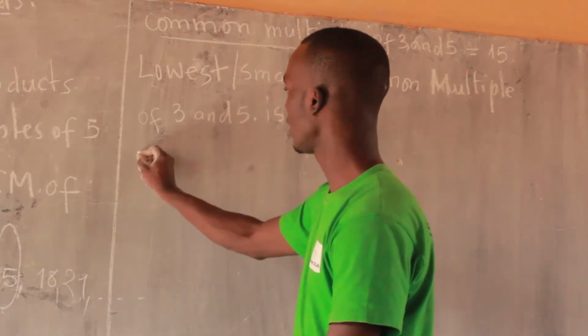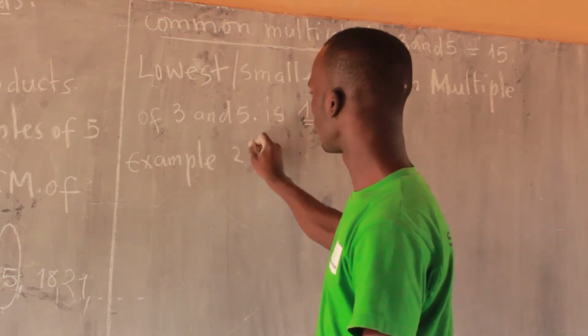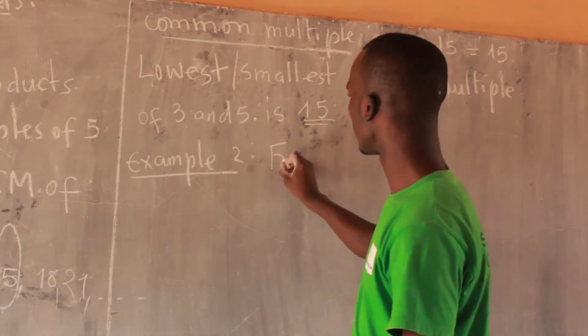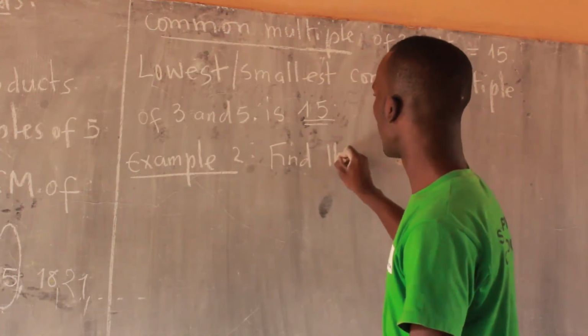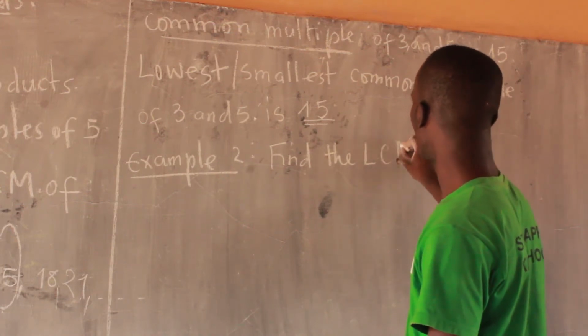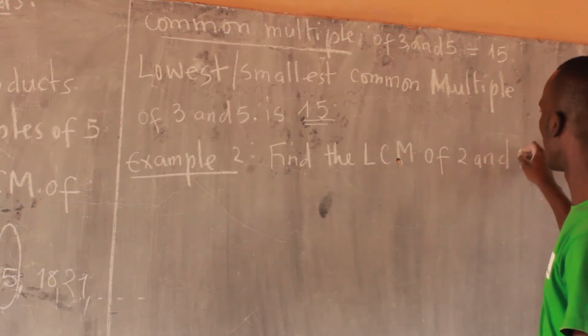Let's say example number 2. Let's find the lowest common multiple of 2 and 4.